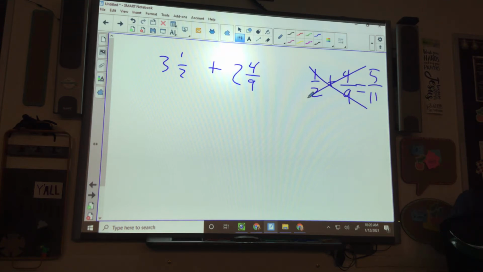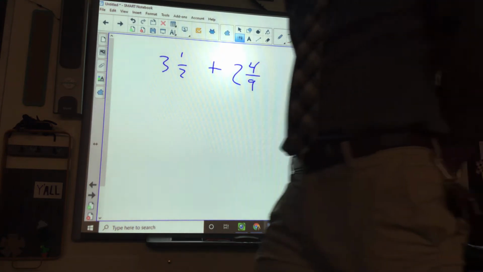So far, one person has gotten a common denominator. If you need review on common denominators, it looks like lots of us do not remember how to get common denominators. We just talked about it.